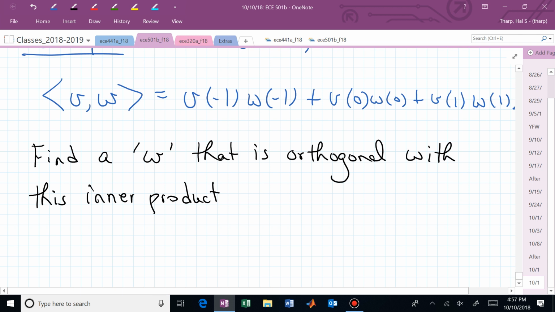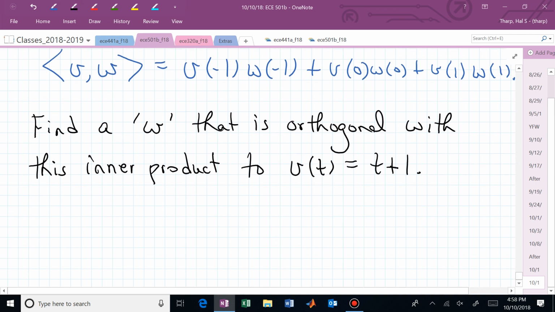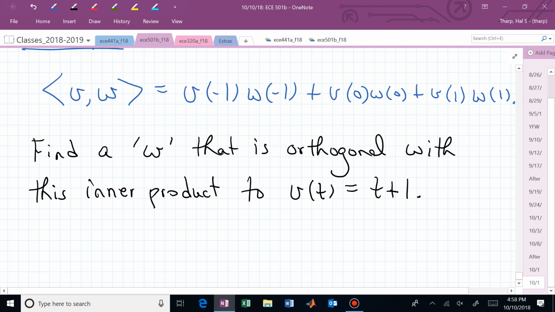So find a w, a second-order polynomial that is orthogonal with this inner product to a vector v of t, a polynomial v of t that's equal to t plus 1. Well, I guess t plus 1 is our vector. So we now have a vector v, and I'm asking you to find a vector w from the vector space of second-order polynomials that's orthogonal to t plus 1 using this inner product.